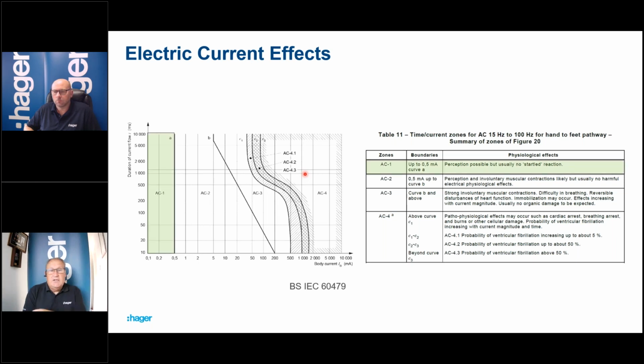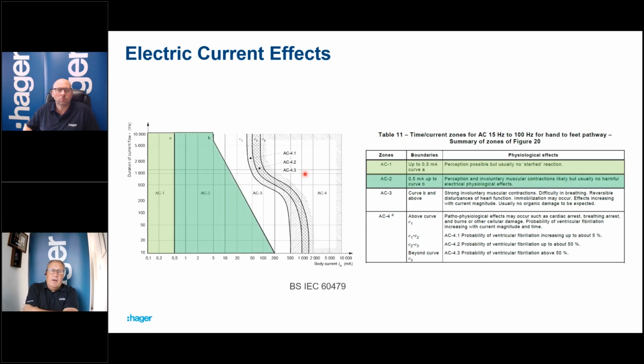So essentially, if the current going through the body was maintained in zone 1, AC1, you can see the current through the body up to 0.5 milliamp can be maintained pretty much indefinitely, and that would usually, don't forget, on the average person, cause no harmful effects.